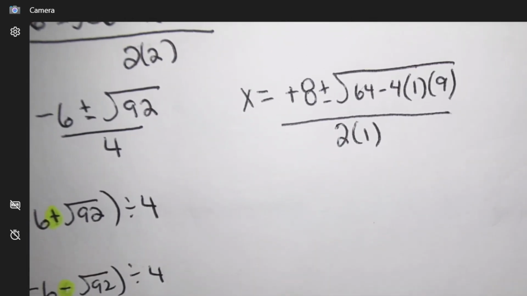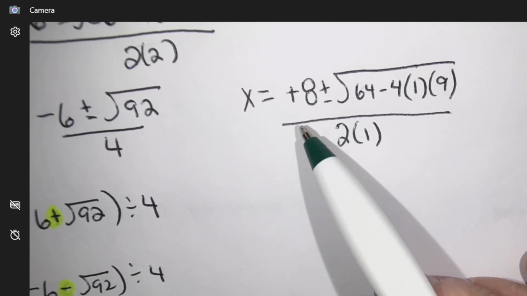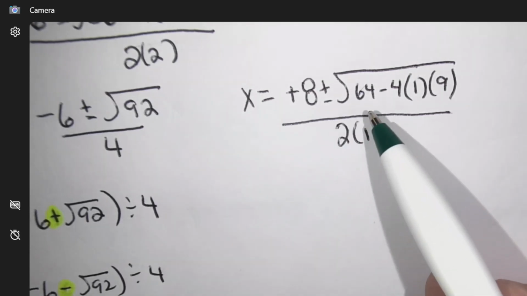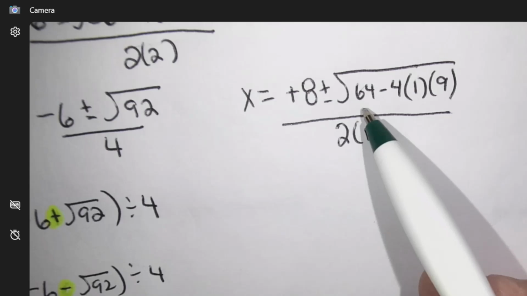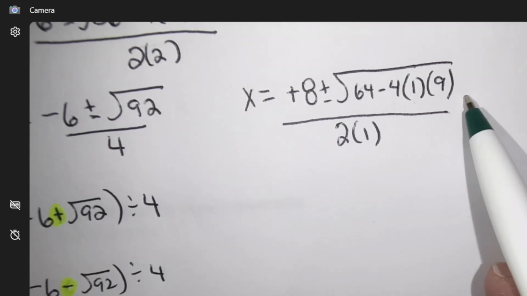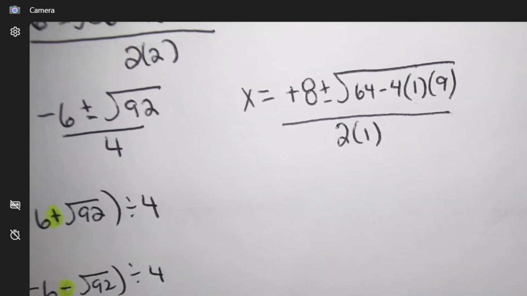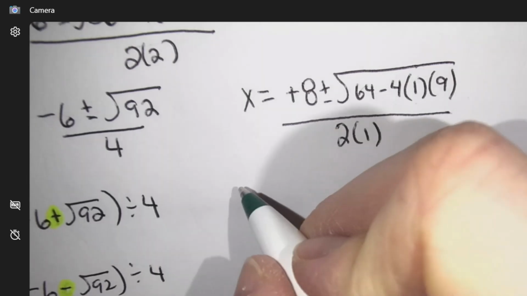Okay, so here's what mine looks like. +8 plus minus the square root of 64, subtract 4 times 1 times 9 over 2 times 1.